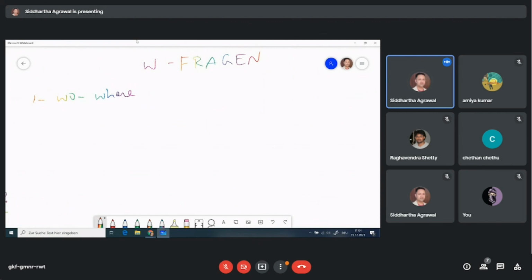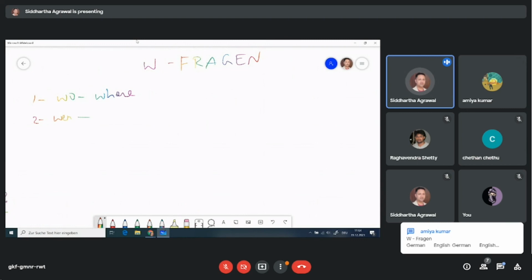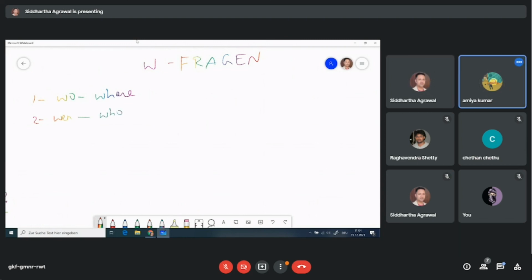I'm writing this right away because these are quite confusing. I have pasted the same in the chat as well. But anyway, let's have a quick revision, just 5 minutes. Make sure wo is pronounced the same as where in English, but these are both absolutely different, nothing to do with each other.